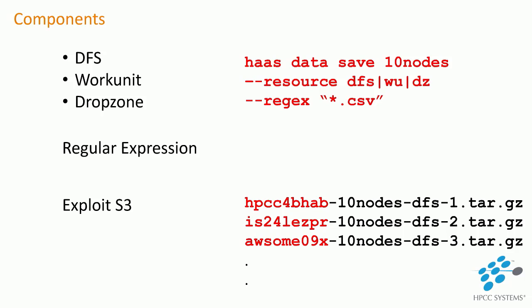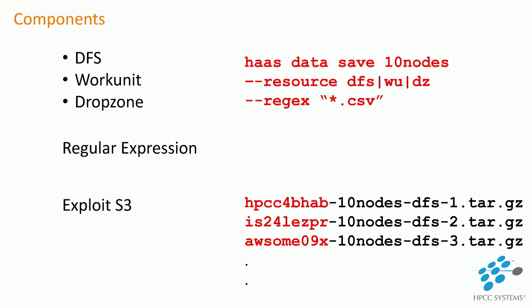The other thing we've done is that we understand a little bit about AWS, so we're able to leverage AWS. In particular, in this case, if you save 10 nodes, this shows the first three objects that we create. The base name is 10 nodes. We've saved the files in the distributed file system, so we saved the first node in -1, then -2, and then -3, and it goes on.